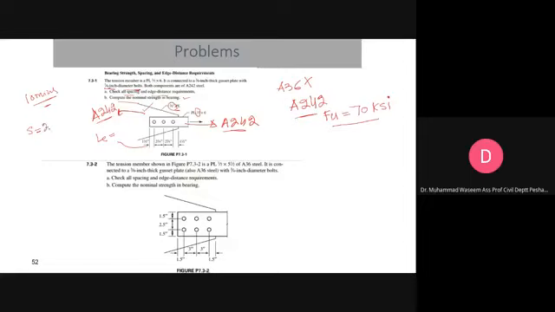S is 2.33 inches as per the code requirement.